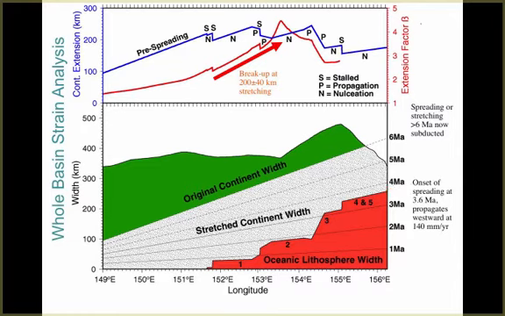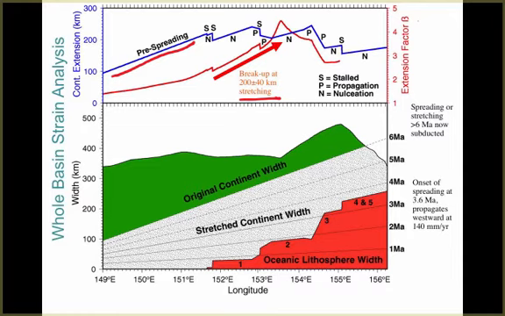The upper diagram is showing us continental extension in kilometers, and we're seeing this blue line show us that before spreading started, there was extension taking place, and that breakup of the continent began at the point when extension had reached 200 plus or minus 40 kilometers.